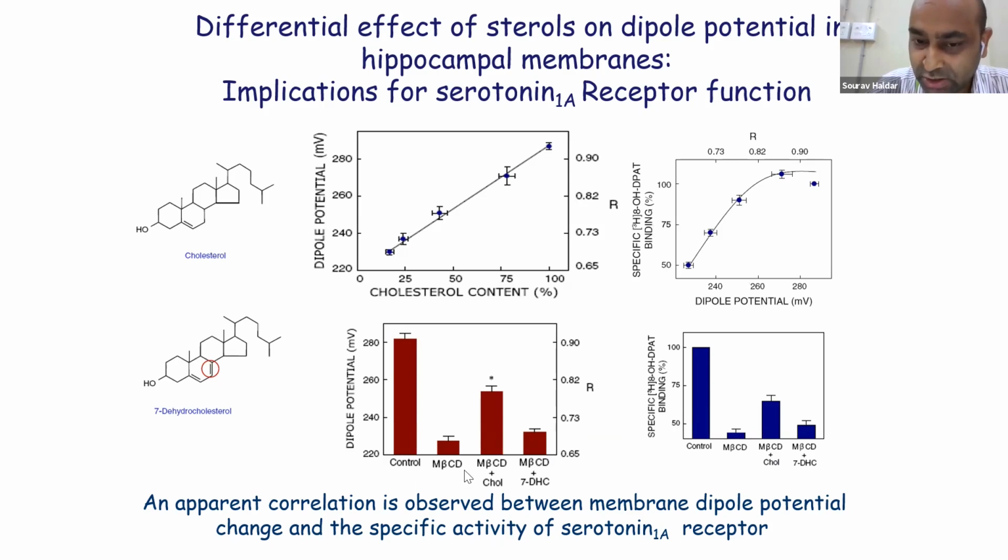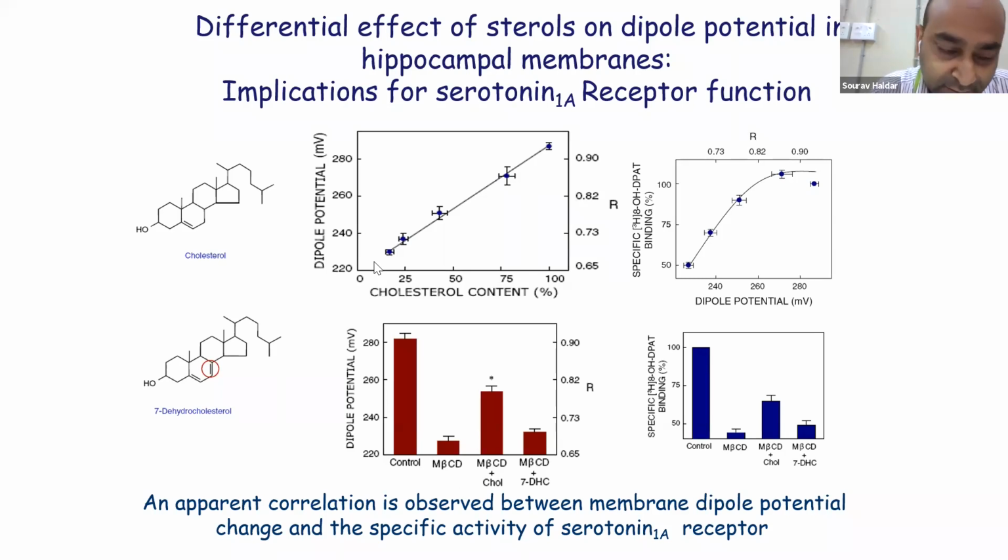We put back cholesterol, we restored the dipole potential, and the activity came back. But when we took another precursor of cholesterol, which has lower dipole potential than cholesterol, the activity was not restored. So these results suggest that the physical property of this membrane, in this case the dipole potential, has a profound effect on the activity of a serotonin 1A receptor.